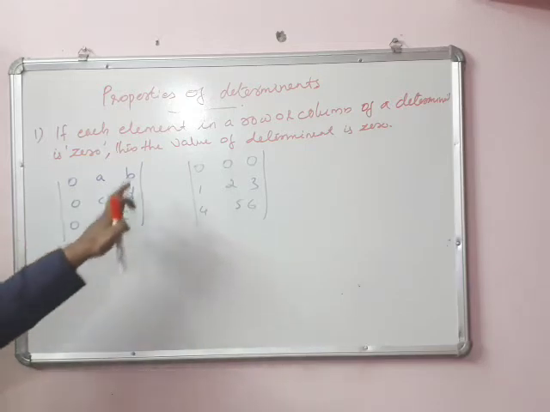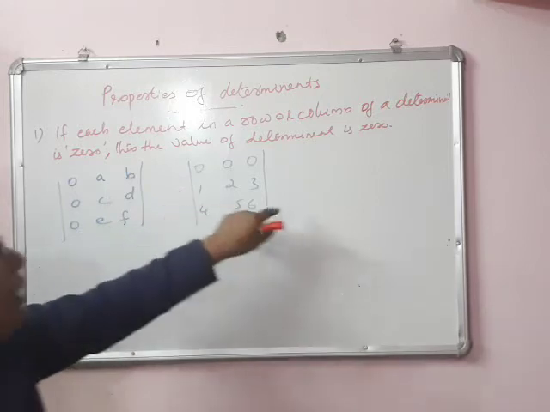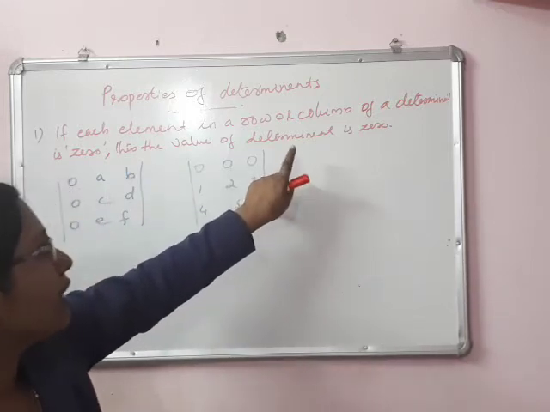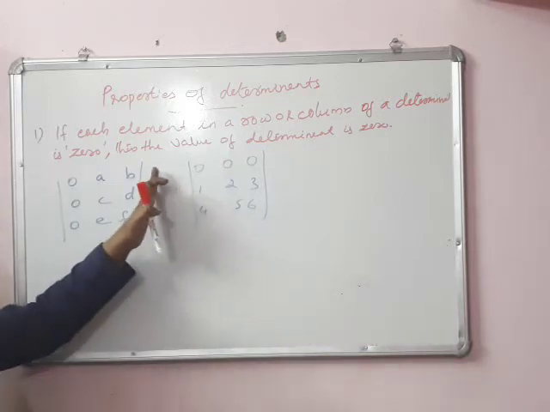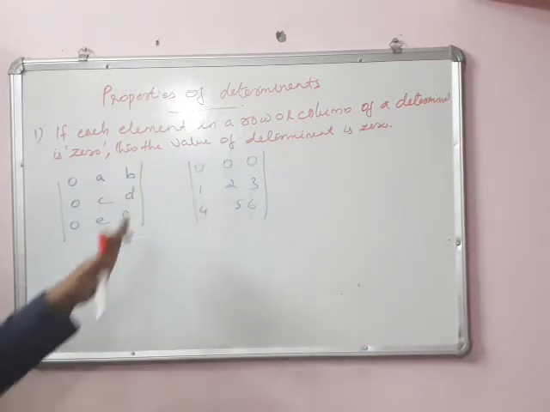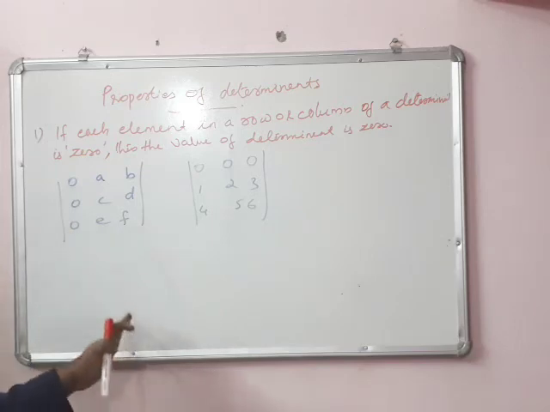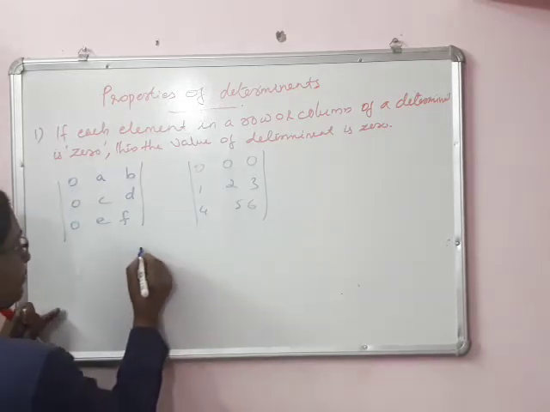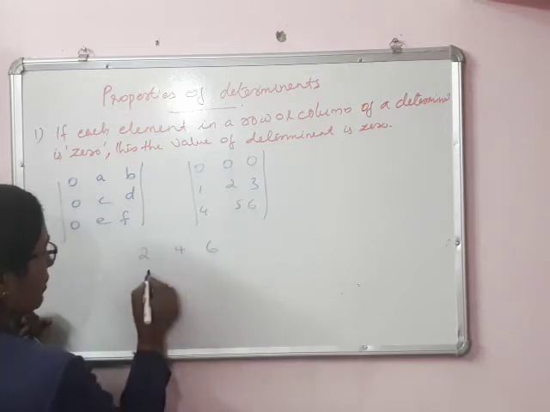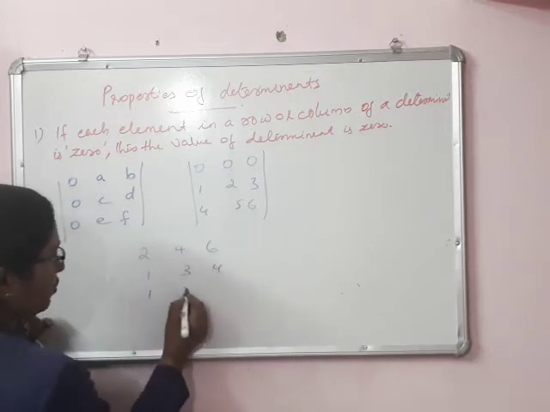Very important, using this property you should write, according to the property, the value of a determinant with a 0 row is 0. Using that property you will prove, as asked in examinations, that the given determinant is 0. 0 means any one row or column becomes 0. It's not a direct question. We will apply some properties for that. Suppose 2, 4, 6, then 1, 3, 4, 1, 2, 8.